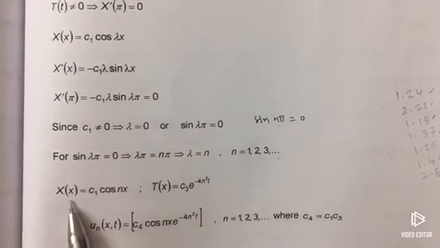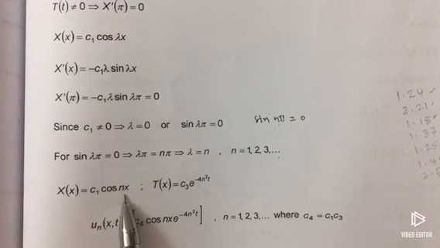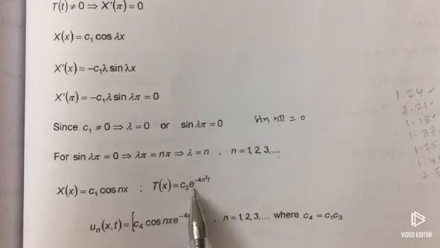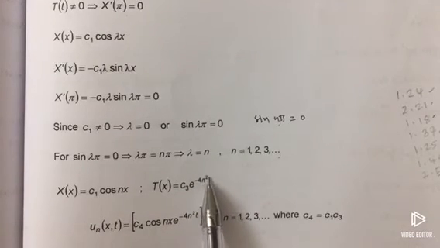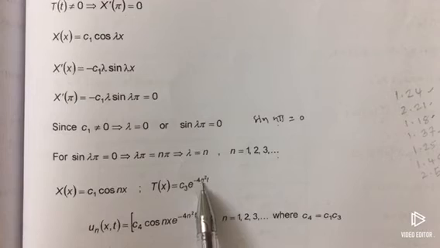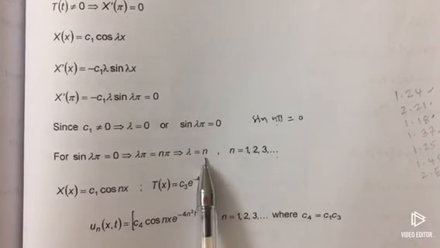So we get X(x) equals C1 cos(n x), then T(t) equals C3 exponent negative 4 n squared t. Replace lambda by n because we got lambda equal to n here.